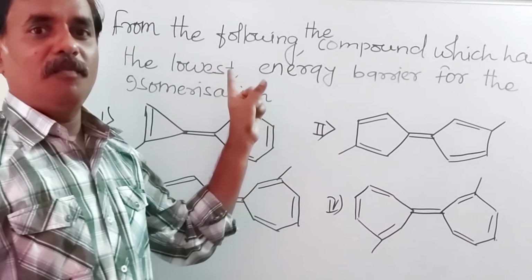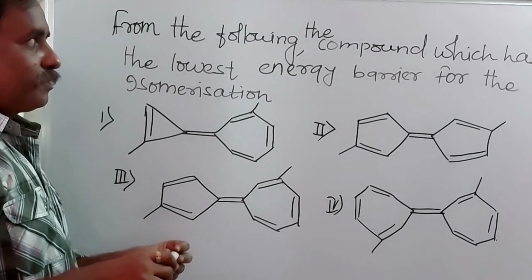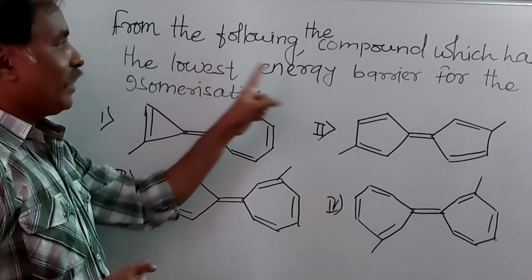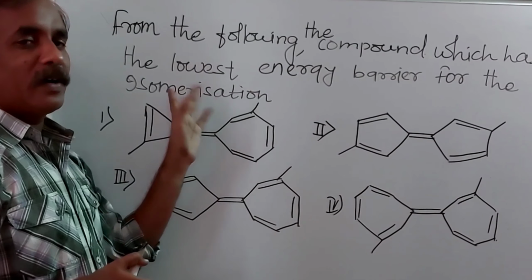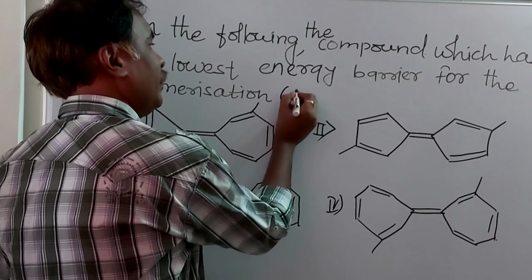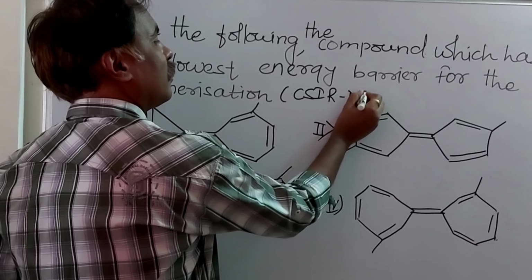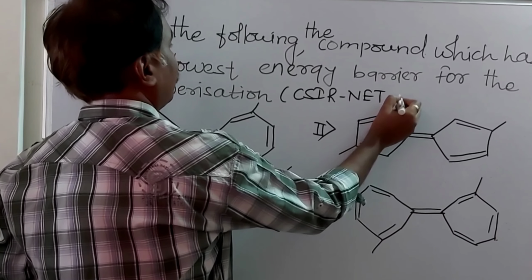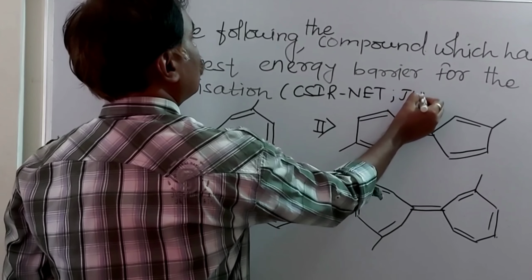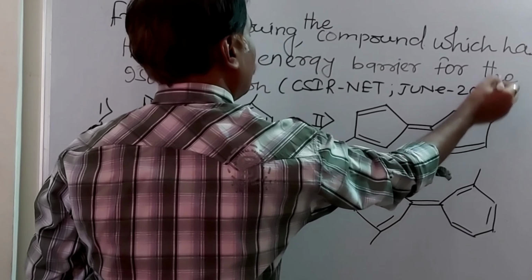This is example number 1. From the following compounds, identify the compound which has the lowest energy barrier for the isomerization. Remember, this problem has been asked in CSIR NET, I think in June 2011, something like this.